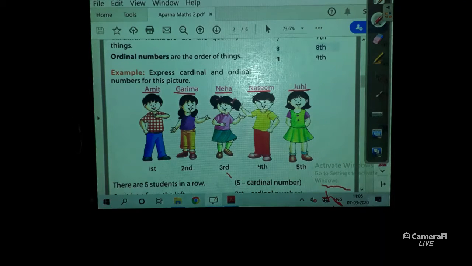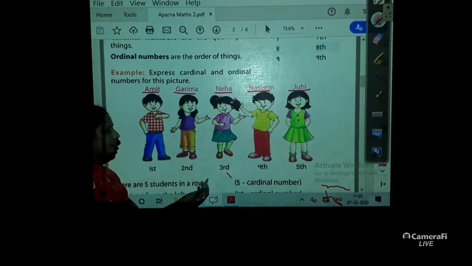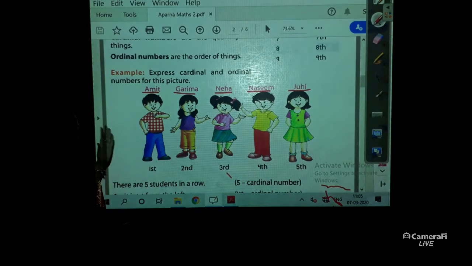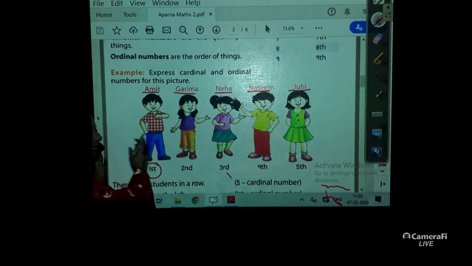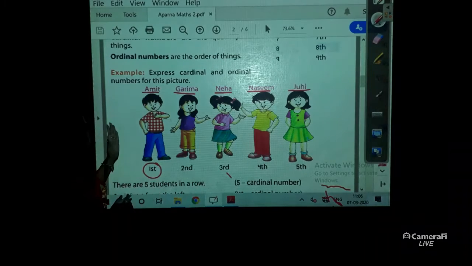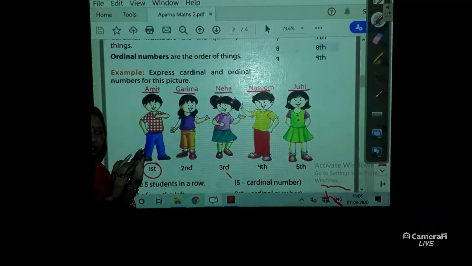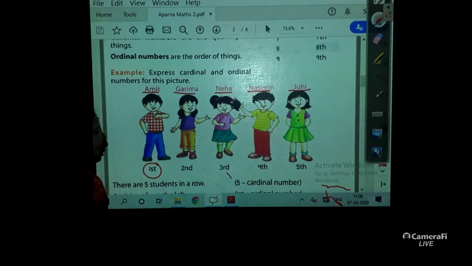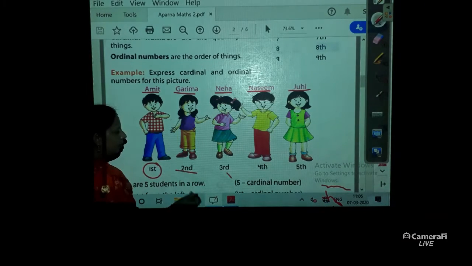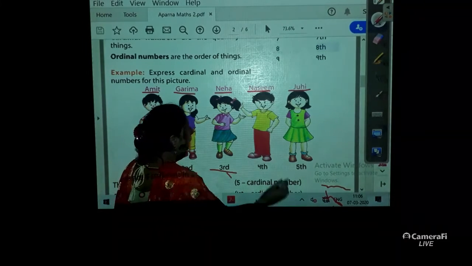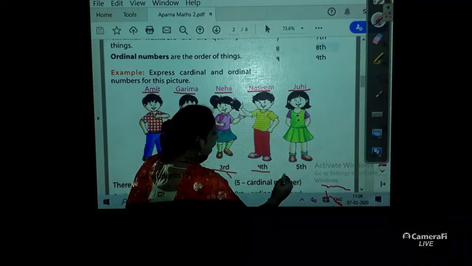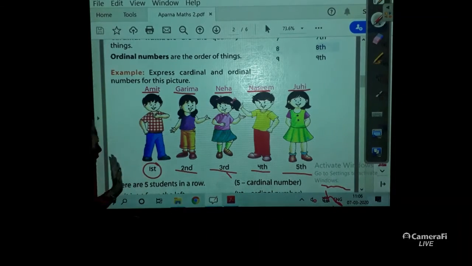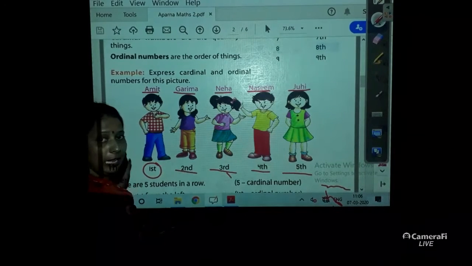Names may be different, but here for example they have given the names of the boy and the girls. So you can easily say that Amit is in first position. They all are standing, okay, but Amit is in first position, and the second is Garima, Neha is third, fourth is Naseem and fifth is Juhi.